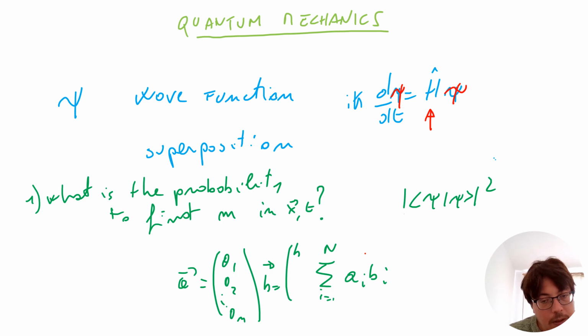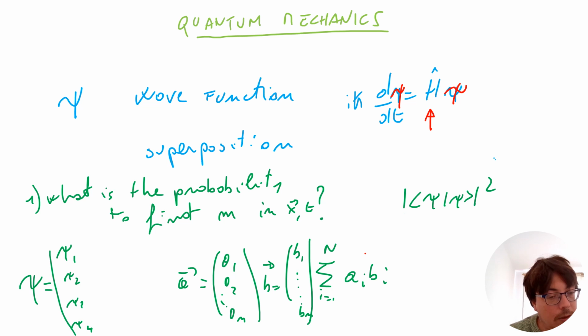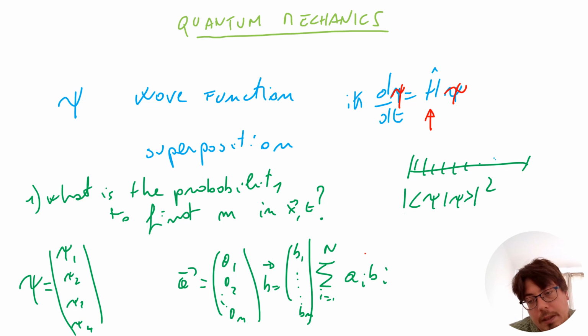So this is just to tell you that if you have your wave function psi, and you think about it as divided into many bits, because maybe your space is discretized, your measurement system is discretized, or the resolution of your experiment is discretized anyway, or the system itself has just a countable number of variables.